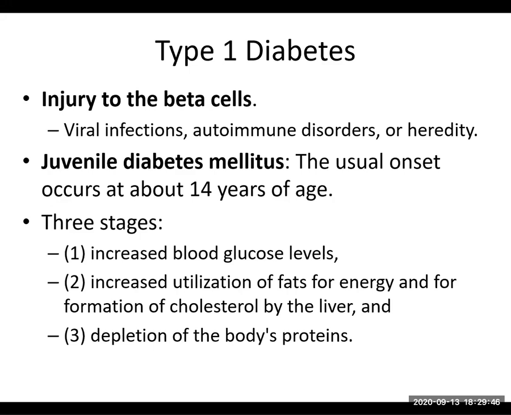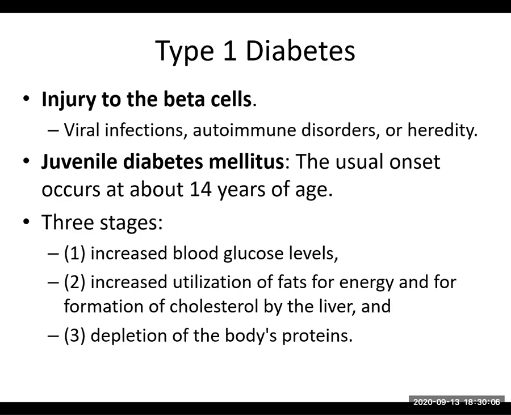The body will also use protein. So basically, this is the 3 stages: glucose first, but these muscle cells, even though we have glucose in the blood, are starving because they don't have the insulin to open the GLUT4.